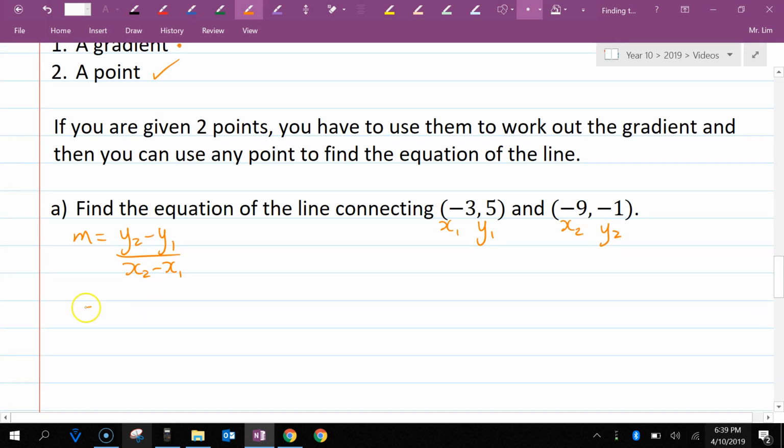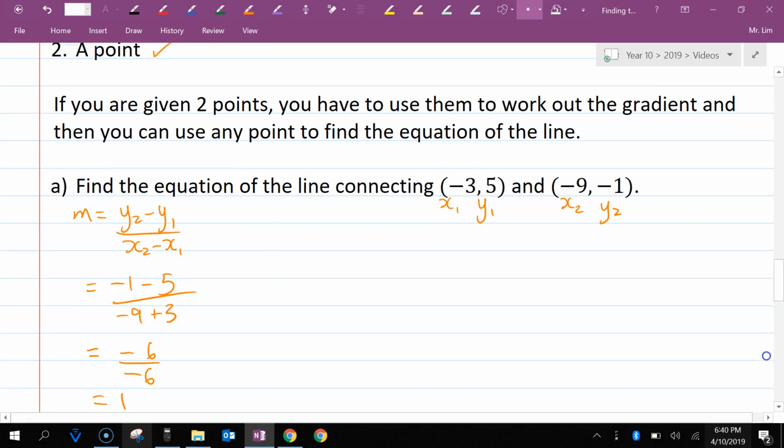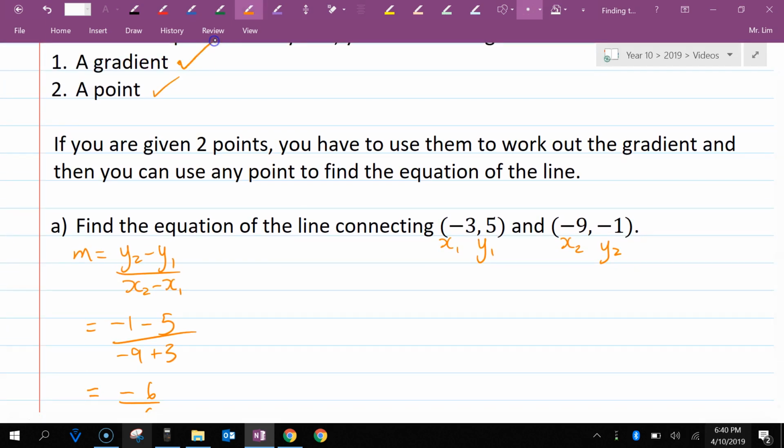So the gradient is equal to -1 minus 5 over -9 plus 3, because minus minus 3 is plus 3. That gives us an answer of -6 over -6, which is equal to +1. So now we have the gradient. We can tick that.